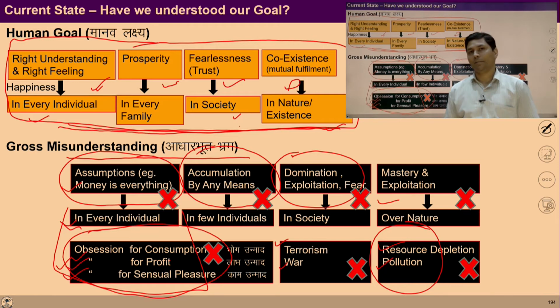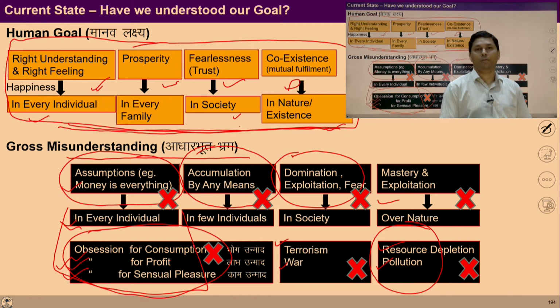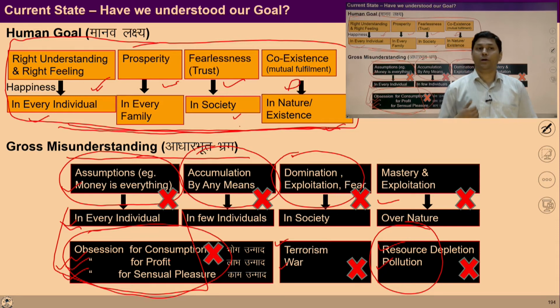Why is it happening? Because I have considered only my family members as relatives and others as opponents. So we are exploiting others unknowingly and trying to get those accumulated things for our family members. All this is happening because we are not able to see the relationship with others.